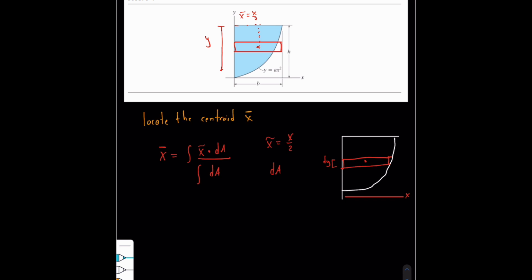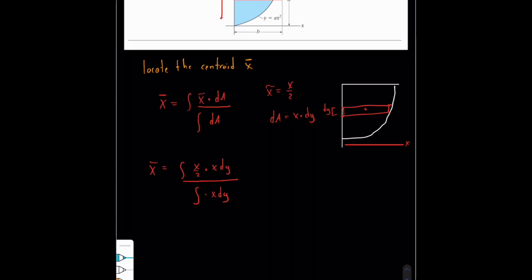So that makes our area equal to x times dy. Okay, so we have everything to plug into these equations here. I'm going to go ahead and do that right now. It equals the integral of x2 times x dy divided by the integral of x dy.